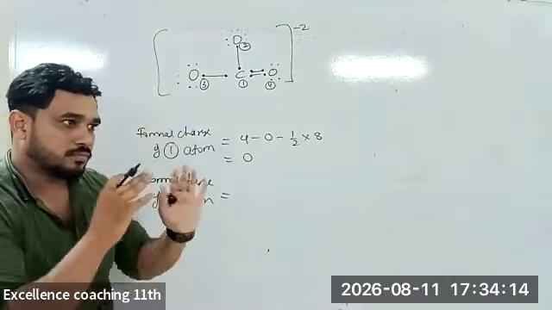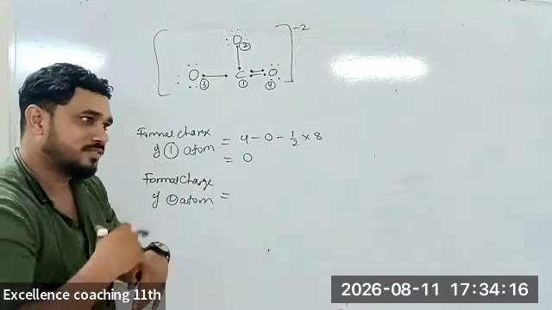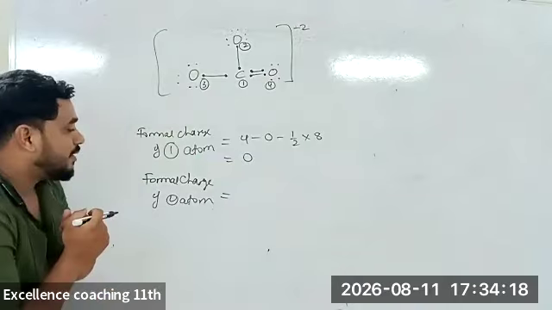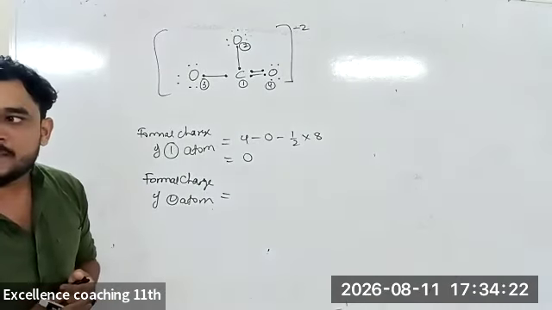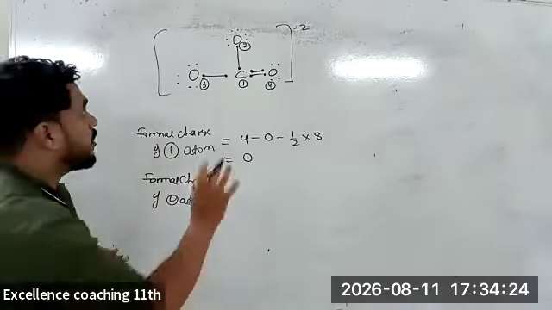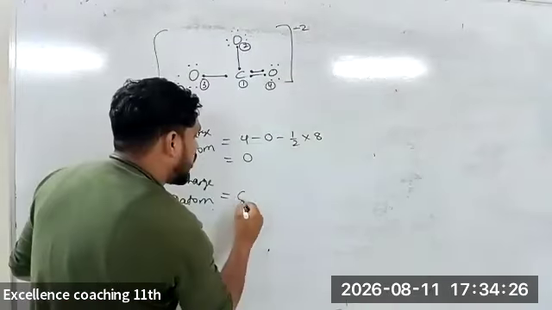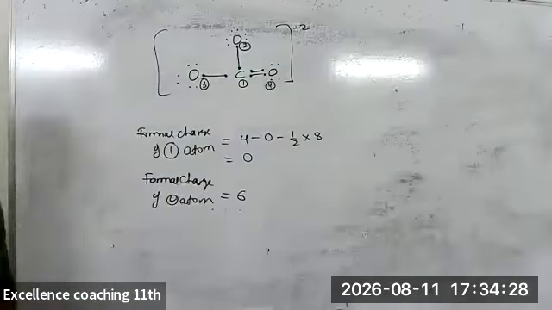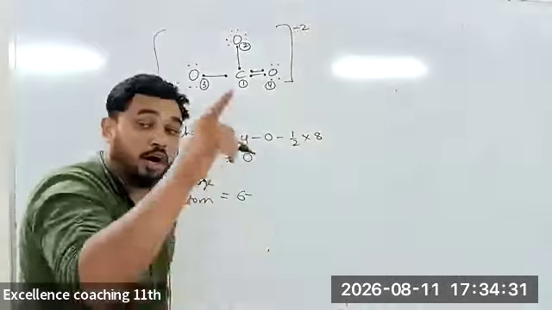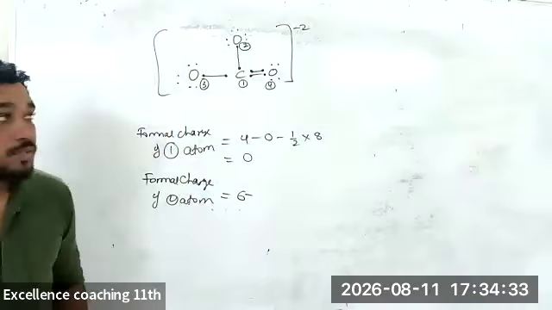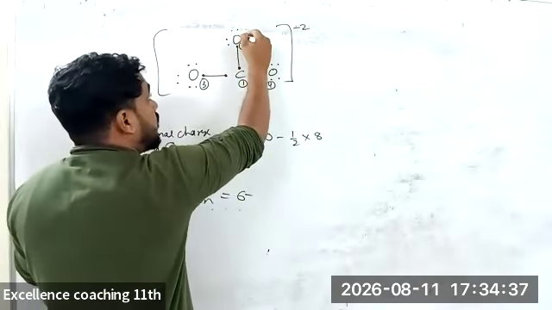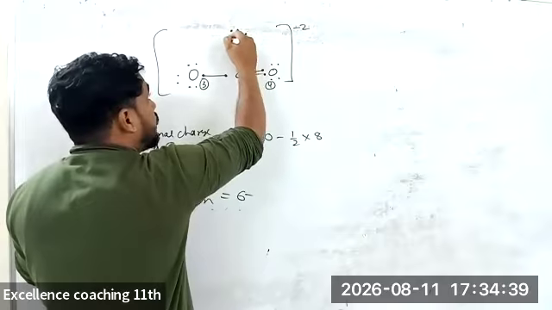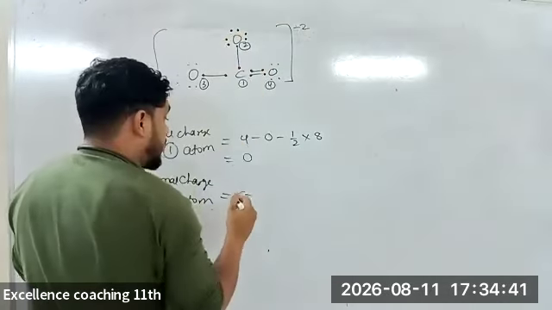Stop. Okay, what is the formula? Number of valence electrons of that atom in the free state. Oxygen, how many? 6, correct. Minus number of lone pair of electrons. How many lone pair electrons does oxygen have? 1, 2, 3, 4, 5, and what? 6.